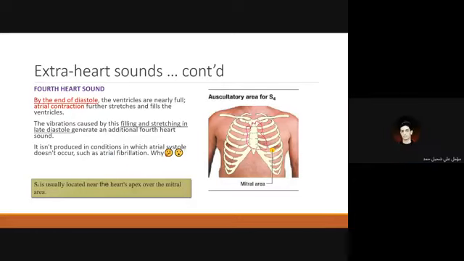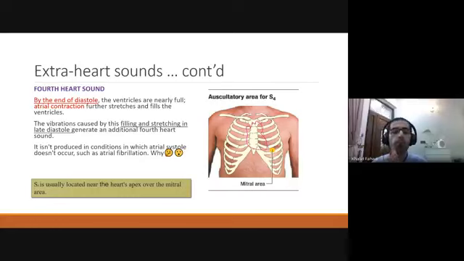Yes, there is chaotic electricity in both atria, and there will be no proper forceful contraction of the atrium. The atrial activity is not forceful, not organized, but chaotic. So the fourth heart sound is always absent in the presence of atrial fibrillation. Please don't say S4 in the presence of atrial fibrillation.